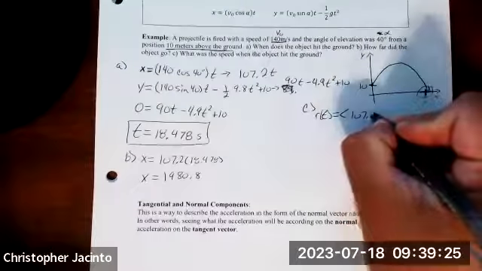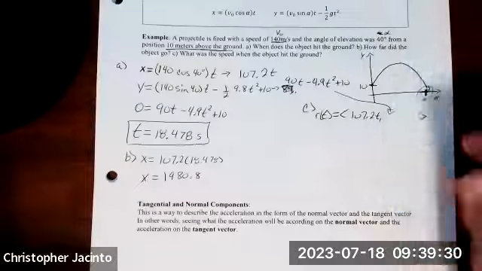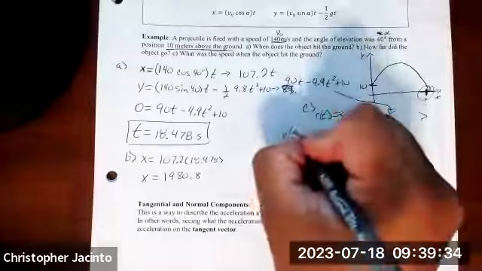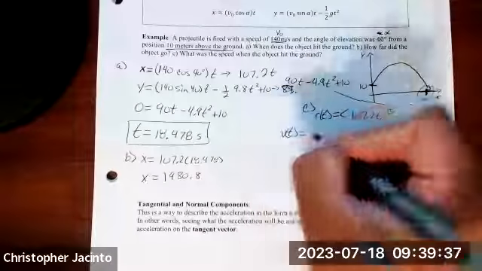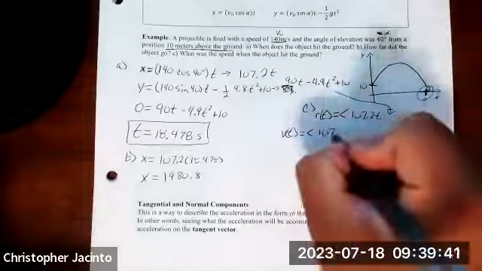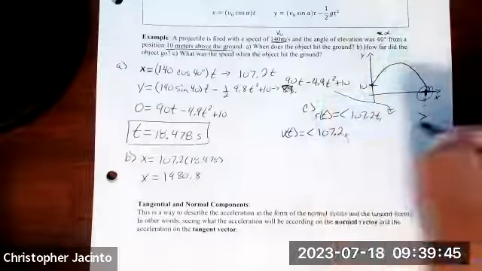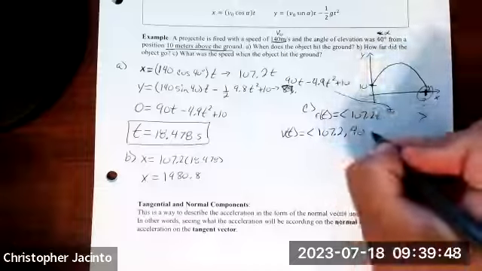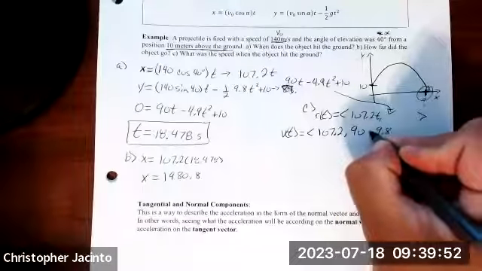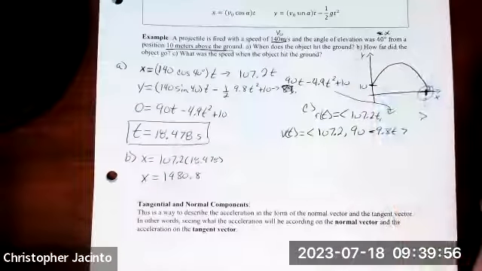So 107.2 t, and then I'm just going to write that down here. Then v of t is just a derivative. So 107.2, that's one component. And then the other component will be 90 minus 9.8 t. Oh yeah, 90, and the 10 goes to 0. So there's that.